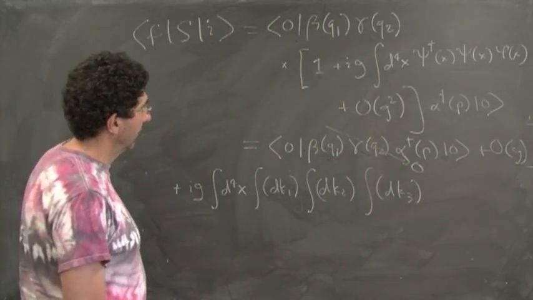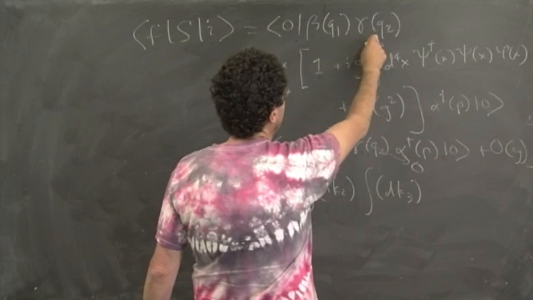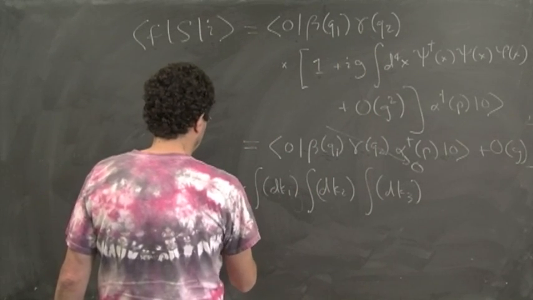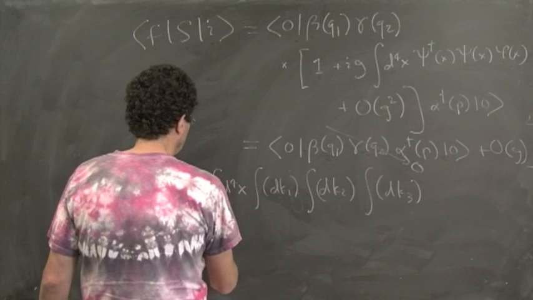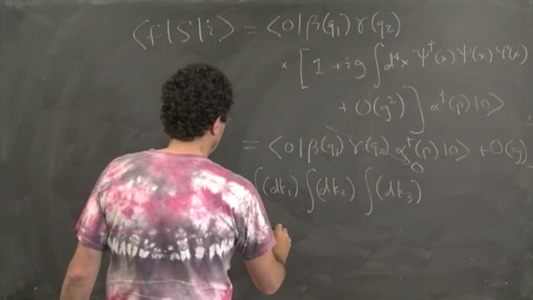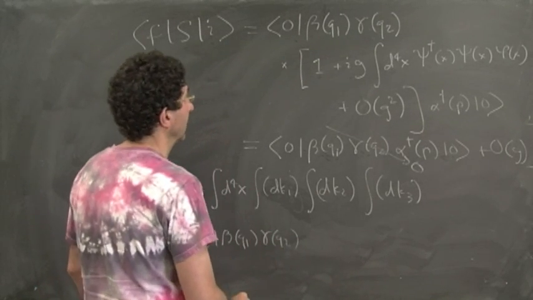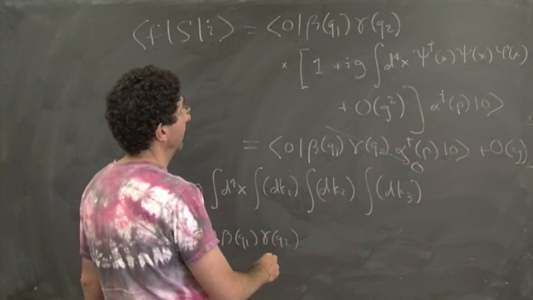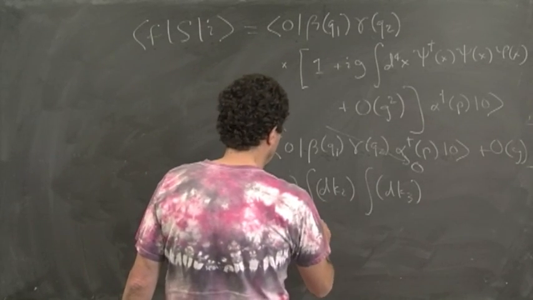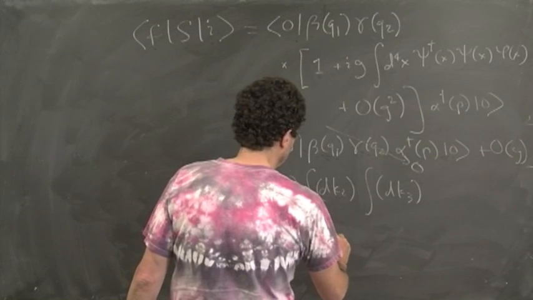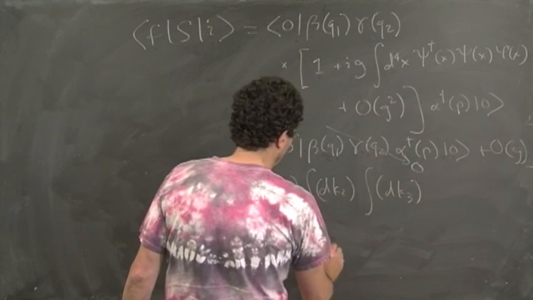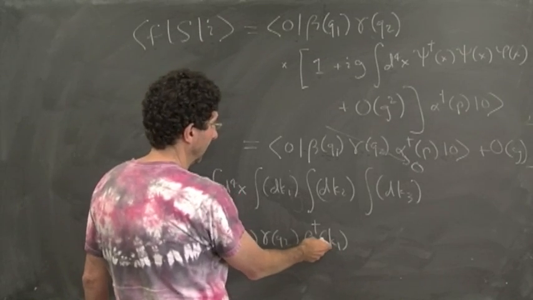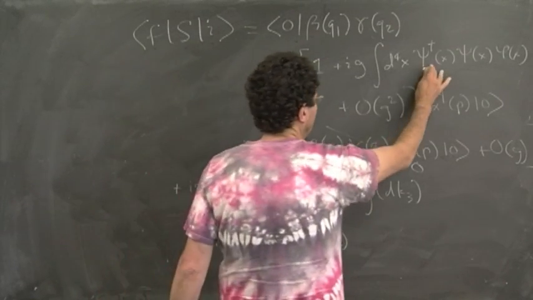And then we're going to have our beta and gamma terms on the left, right? We'll have a vacuum, beta of Q1, gamma of Q2, and then from this guy, let's say we'll have our beta dagger of K1. So K1 is going to be an integral from, I guess, this guy right here.